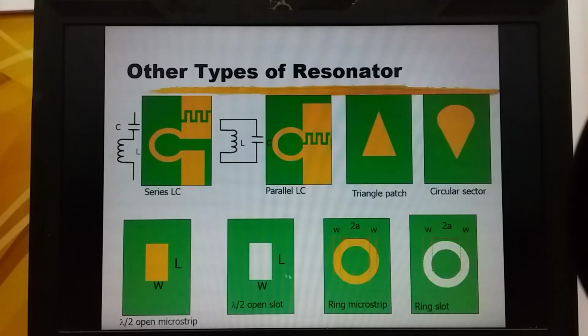We can also make a resonator using a ring-shaped microstrip line or a ring-shaped defected ground. We can also use triangular patch or circular sector patch to make resonator for different applications.